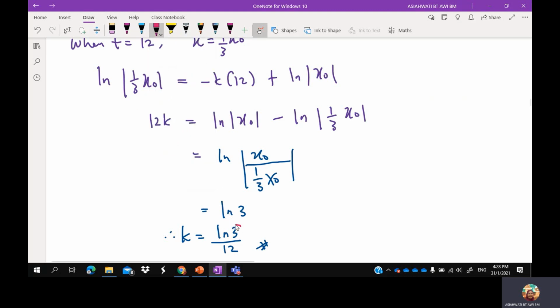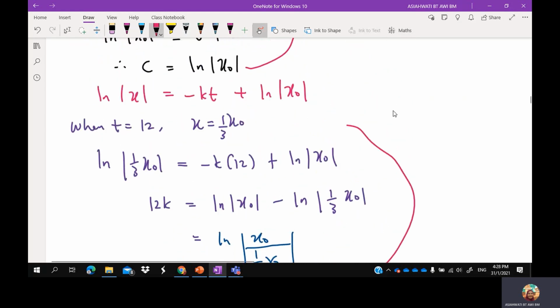Substitute k is equal to ln 3 over 12 into this equation.